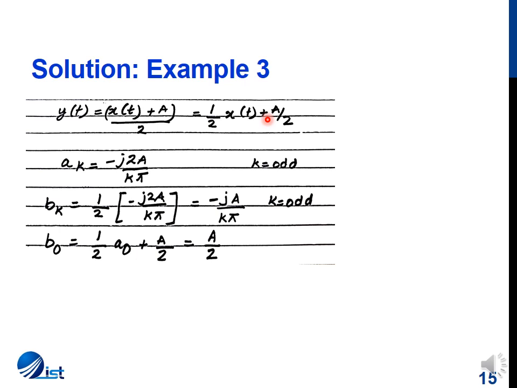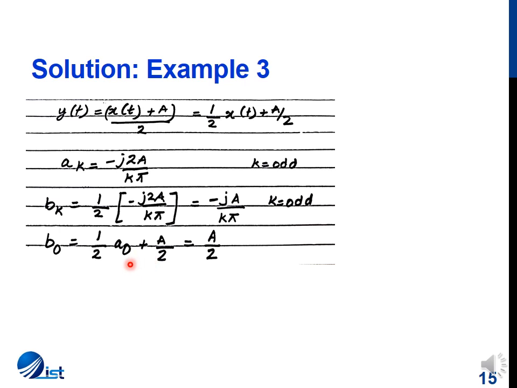Now we remember that the Fourier series coefficients a of k are given by a of k is equal to minus j 2a by k pi, for k odd. So b of k becomes half into these coefficients from the step above, which becomes minus j a by k pi for k odd. Similarly, b naught becomes half of a naught plus a by 2.